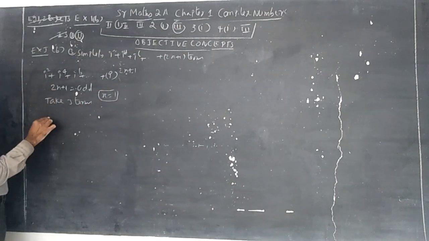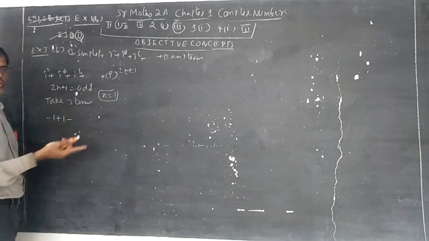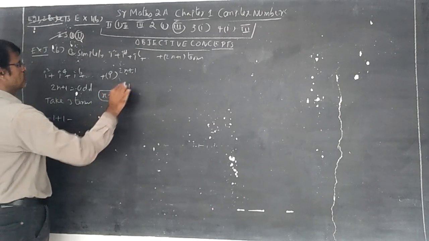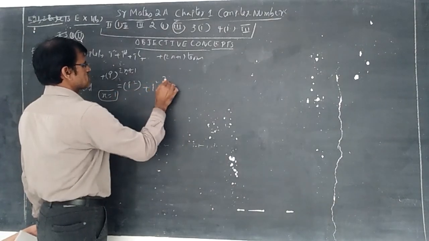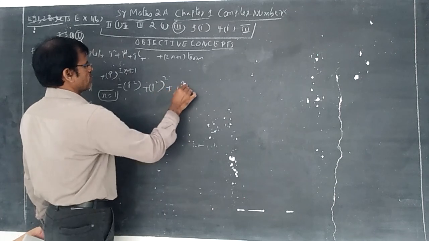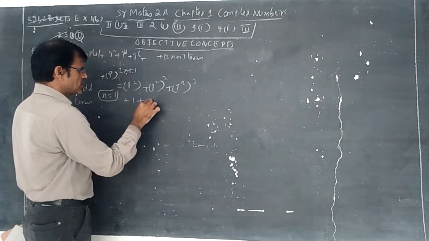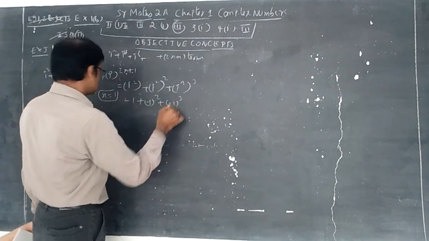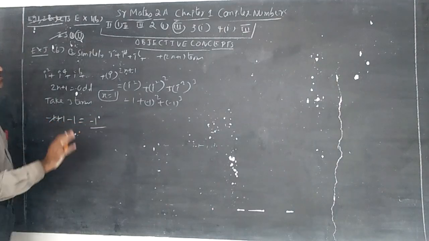So i square means minus 1, plus i power 4 means 1, plus (i square) whole cube. (i square) whole cube means (minus 1) whole cube. You can understand this as i square plus (i square) whole square plus (i square) whole cube. This is minus 1 plus (minus 1) whole square plus (minus 1) whole cube. So minus 1 plus 1 minus 1, the answer is simply minus 1.